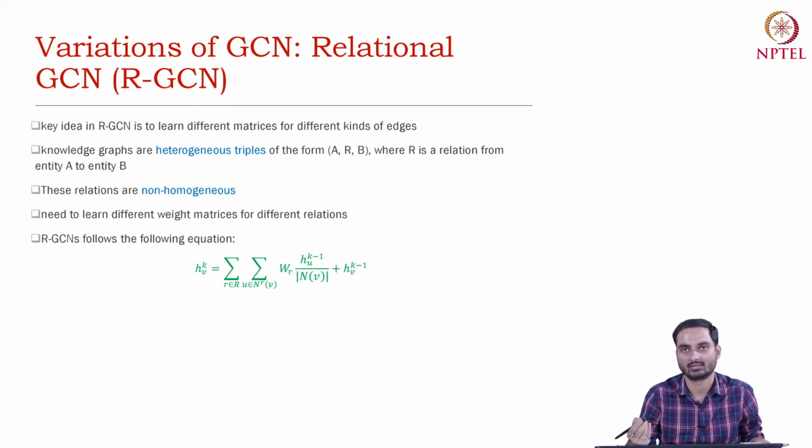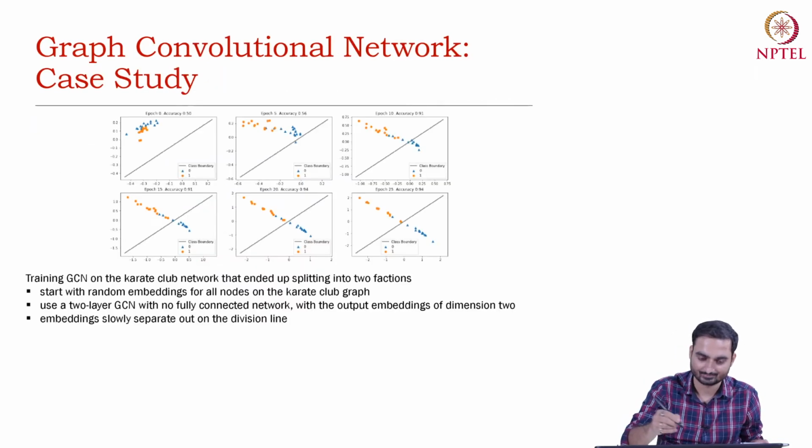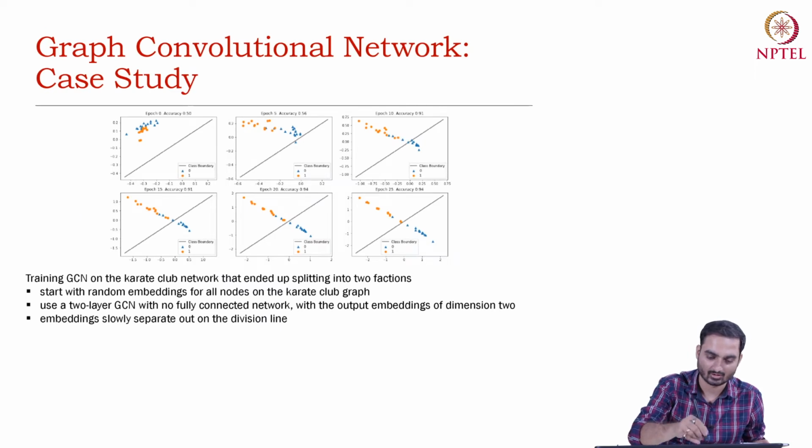We use a supervised setting. For example, the task is node classification, or say link prediction. You come up with a loss, and let's say the loss is a simple cross entropy loss.